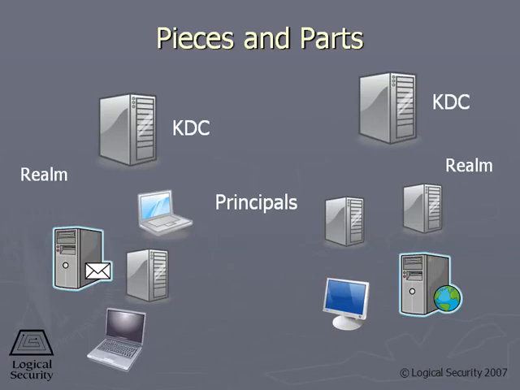One domain controller is responsible for all of these resources. So these are the main components we need to know about the KDC. The principals are the ones that are going to use the KDC by authentication, and then collectively they're called a realm. So a KDC can be responsible for one or more realms. It doesn't have to be just one.